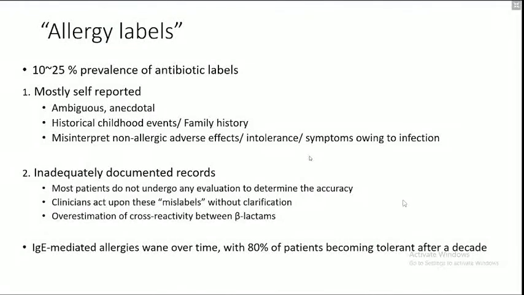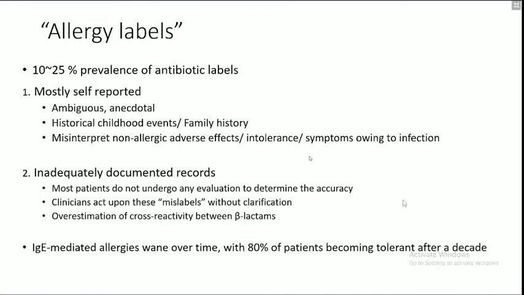So even if the patient had a true IgE-mediated reaction, these allergies wane over time. They grow out of it. About 80% of patients become tolerant to that culprit antibiotic after a decade. So it's a significant proportion. A significant proportion of patients lose their allergy with time.